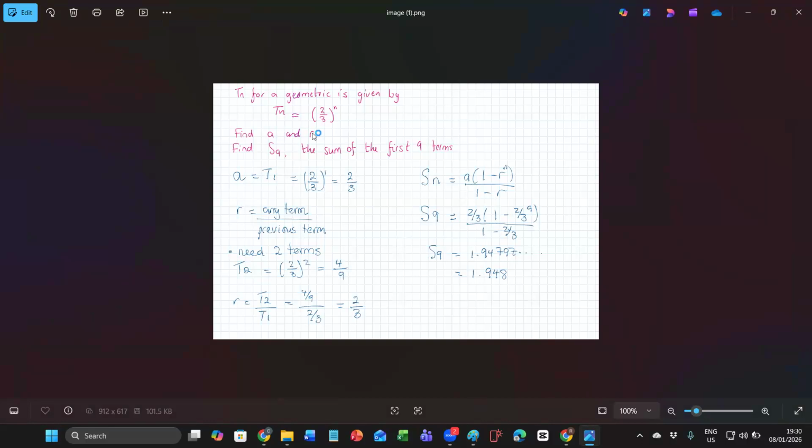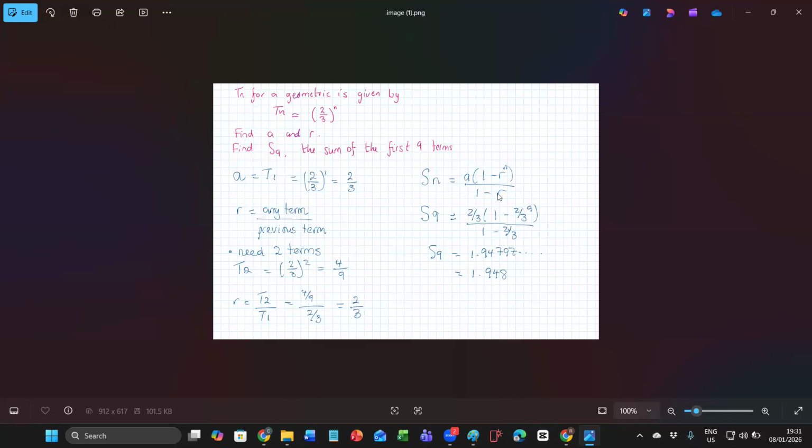Anytime the common ratio is less than 1, this formula, Sn equals a into bracket 1 minus r raised to power n over 1 minus r, applies. But if it's the other way around, where, like in our own case, the common ratio is 4, and 4 is clearly bigger than 1, you just move things around. The r raised to power n will be on the left hand side, while the 1 will be on the right hand side. And in the denominator, r will be on the left and 1 will be on the right.